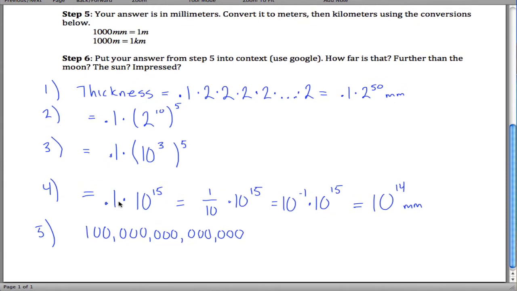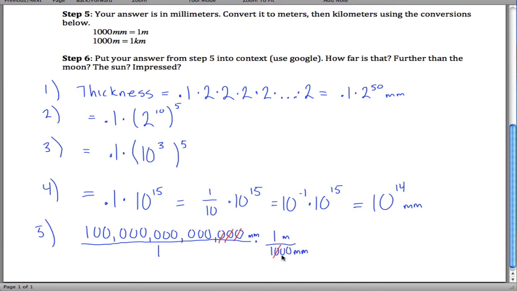I want to convert that into meters. The way I can do that is I can multiply. This many millimeters is the same as, there is 1 meter in every 1,000 millimeters. So I can cancel out some zeros. There are lots of different ways you could do this. Here's one way to do it.